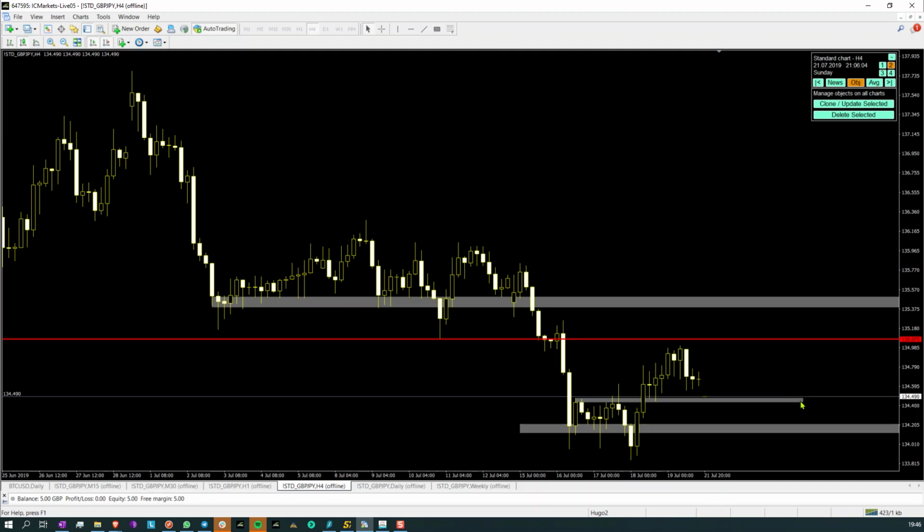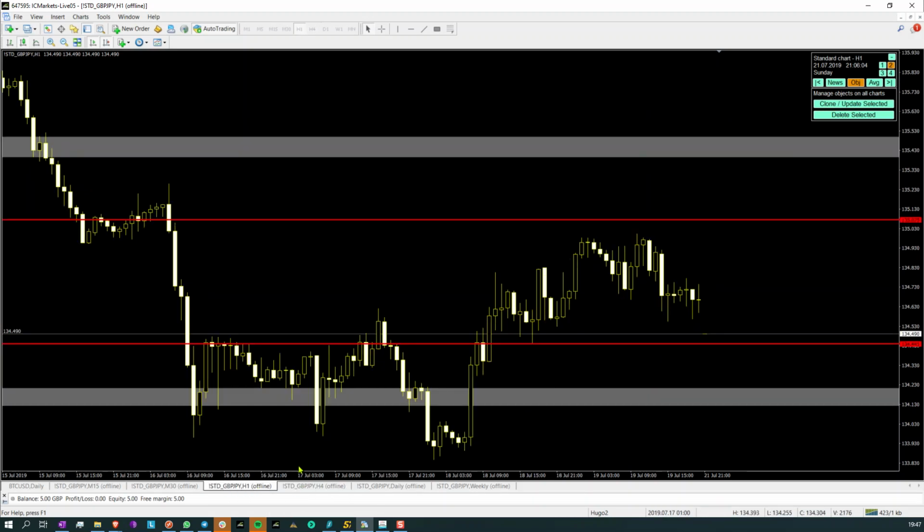So I'm going to put a line here. So this is daily, this is daily. This will be 4 hour zone, something like this. Also going to clone this. Let's see the 1 hour.